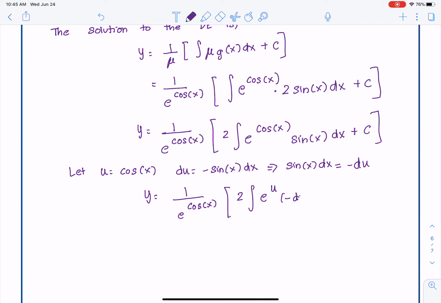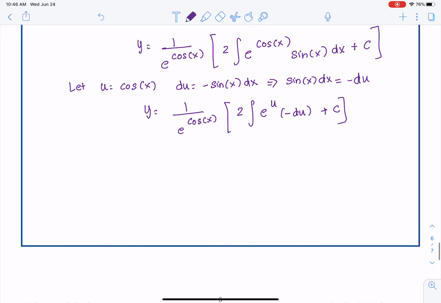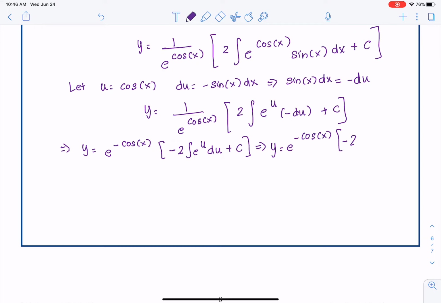So y equals e raised negative cosine x times negative 2 integral of e raised u du plus c, which is simply e raised u.